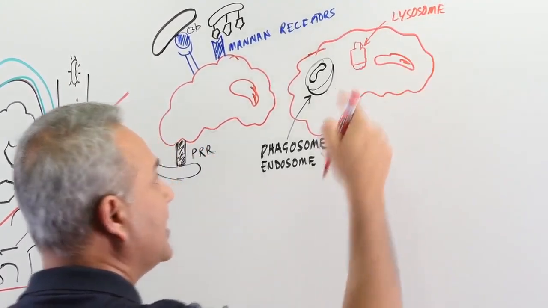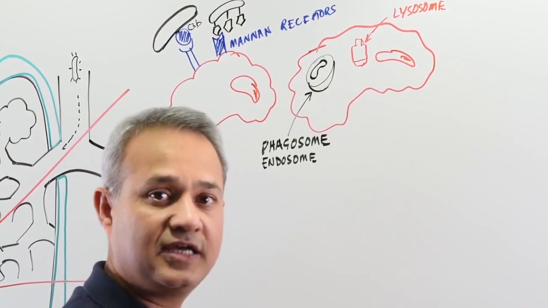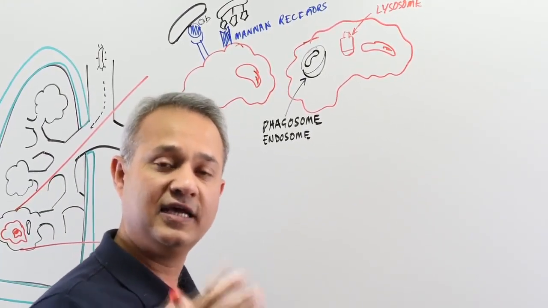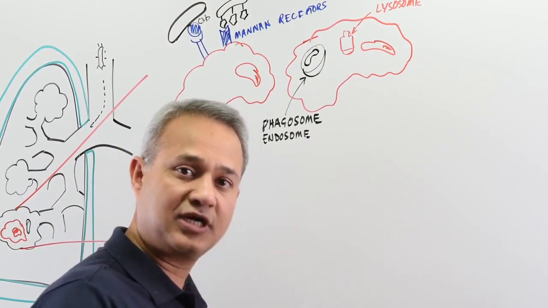What does it have? It has acid hydrolases, proteinases, DNases, and so many other things that can chop up and break up a pathogen.